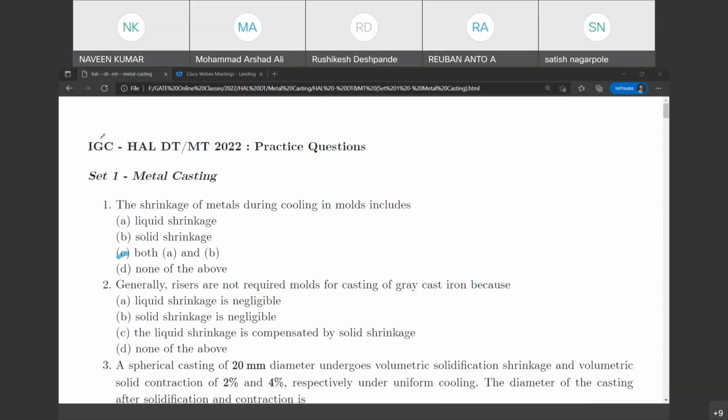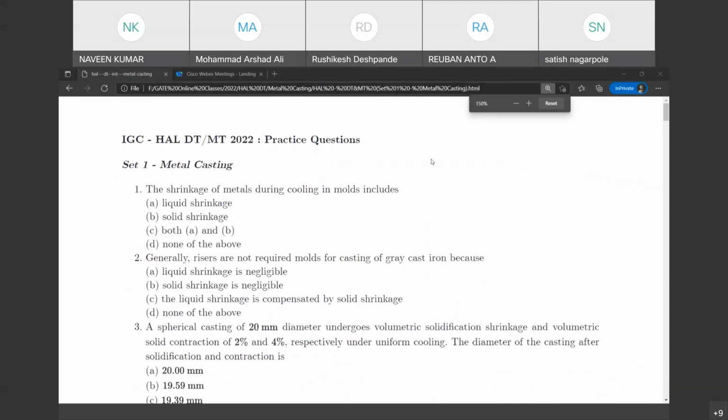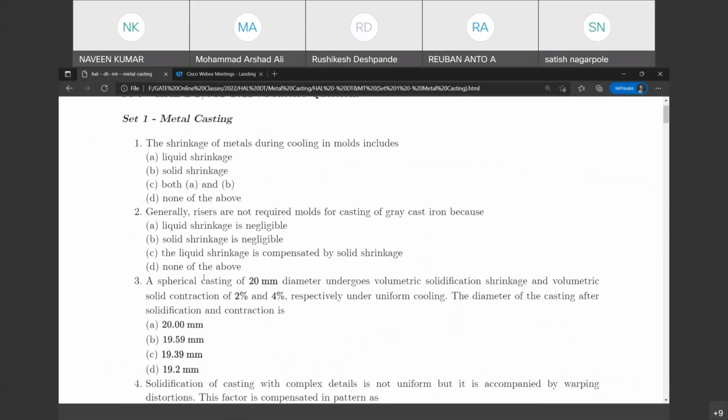Okay, let me move this somewhere, one minute. Yeah, the answer is C. Obviously, the answer is C. I'm not writing here. Okay, what about the second one?